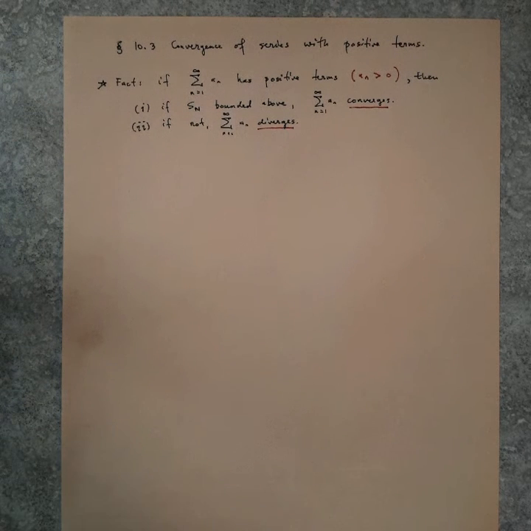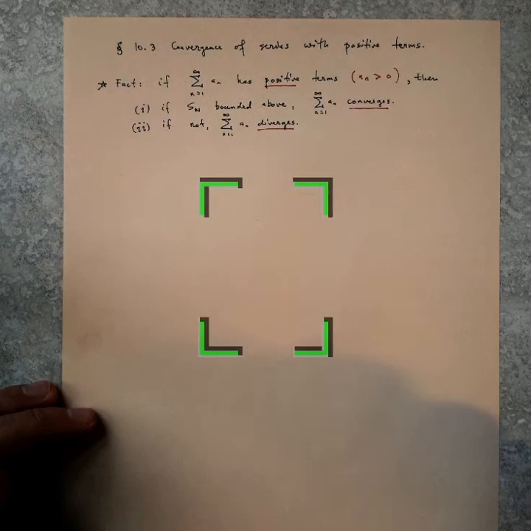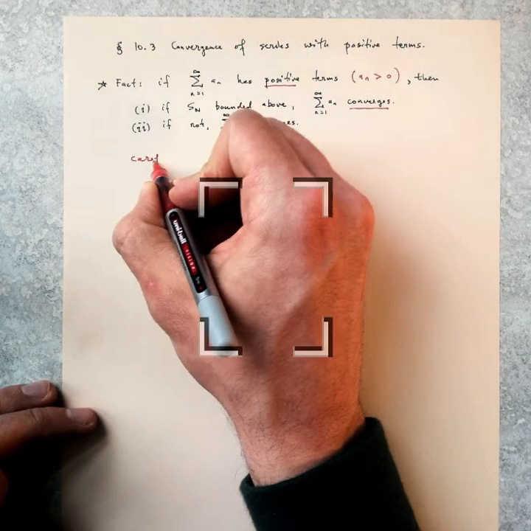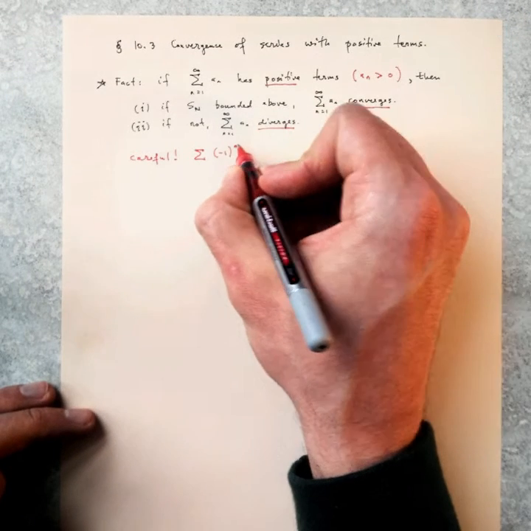And you have to be very careful. This only applies for a positive sum, okay? So careful. Look at this sum, (-1)^n.